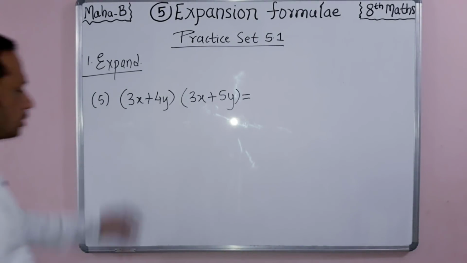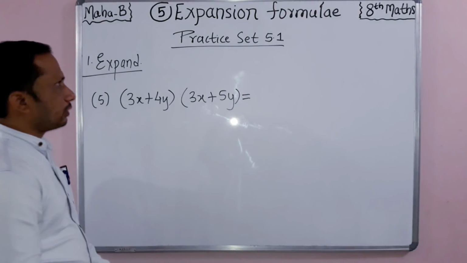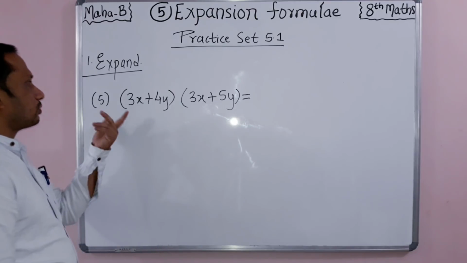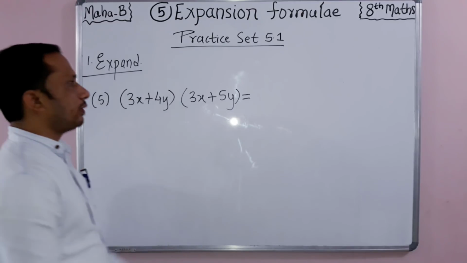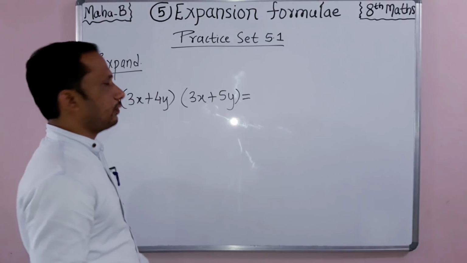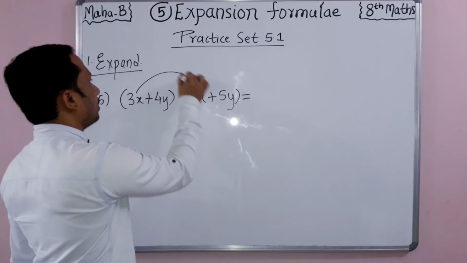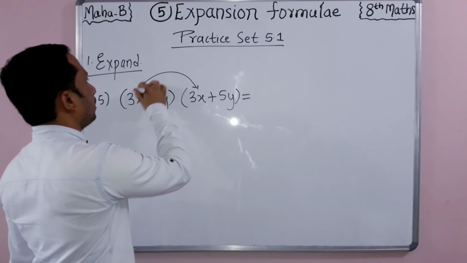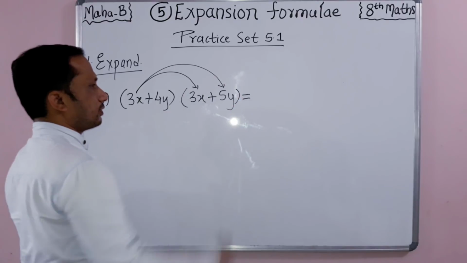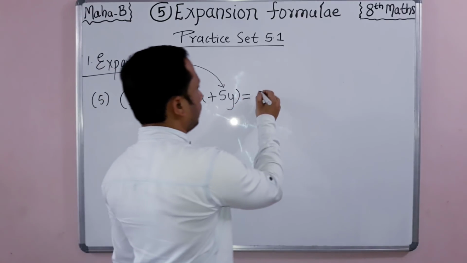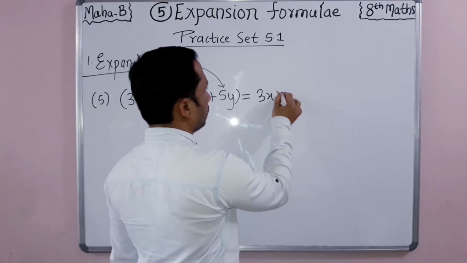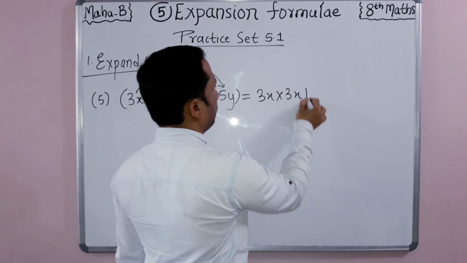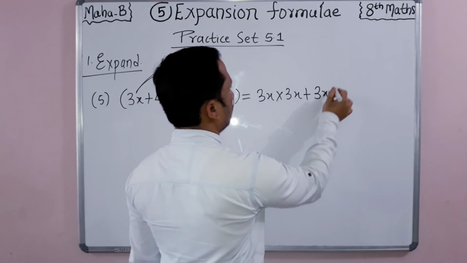Okay students, this is the fifth example of our practice set 5.1: (3x + 4y)(3x + 5y). Apply the same rule, multiply 3x into 3x and plus 5y. So 3x into 3x plus 3x into 5y.